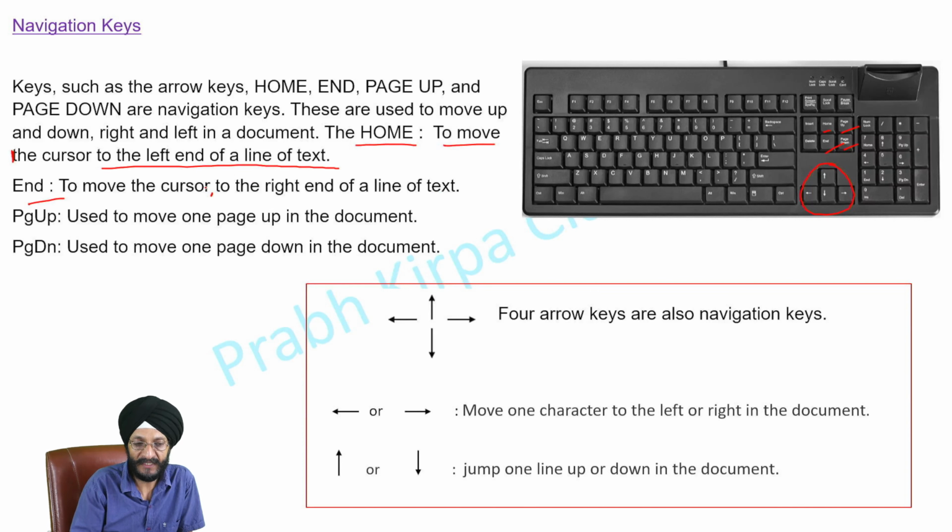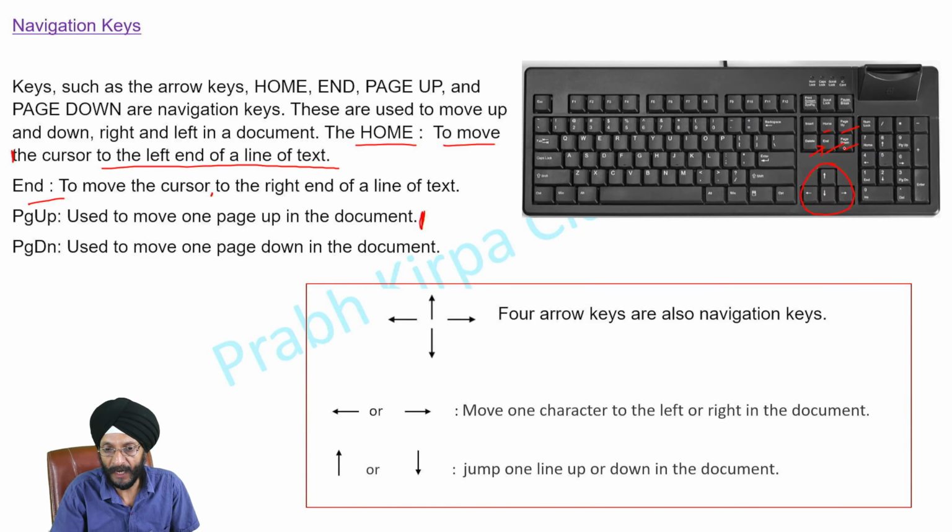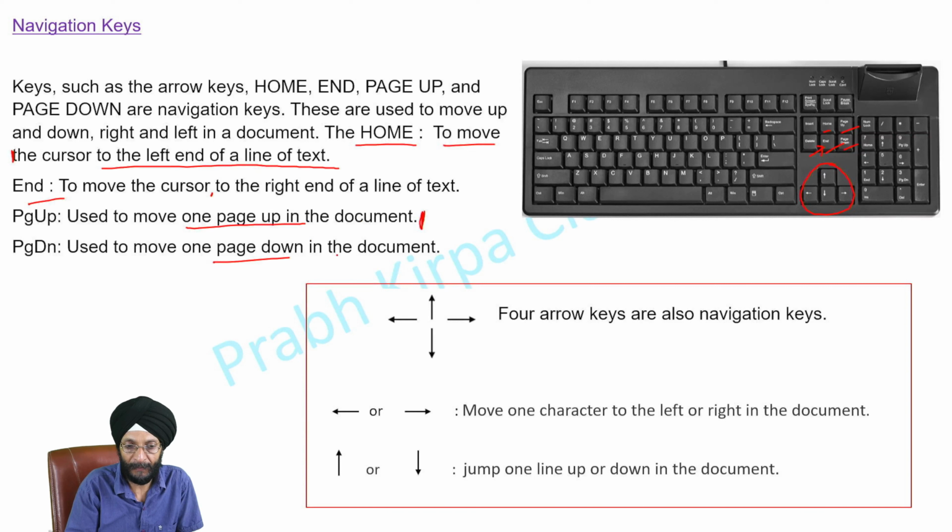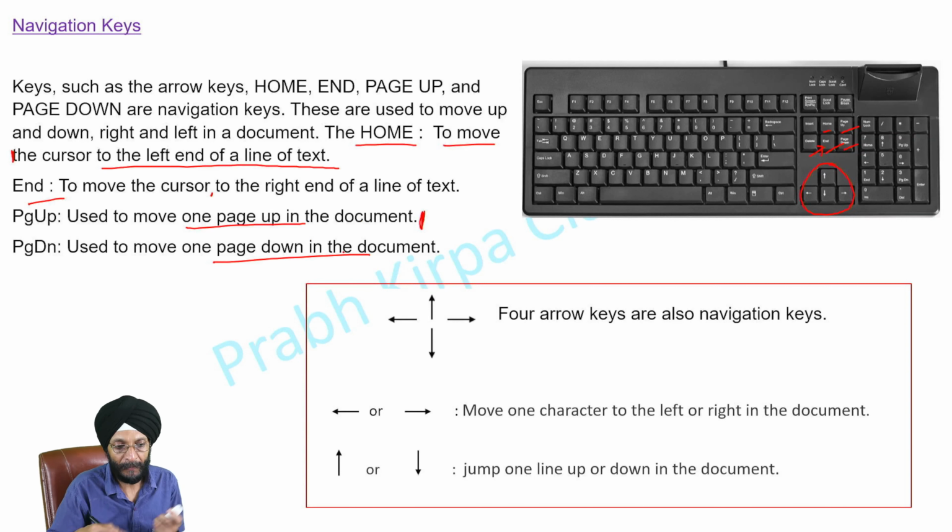When you press end, that is this button, the cursor will go to this place, the end of the line of text. Page up and page down are two other keys. When they are pressed, you will move one page up or one page down in the document depending upon the key you have pressed.